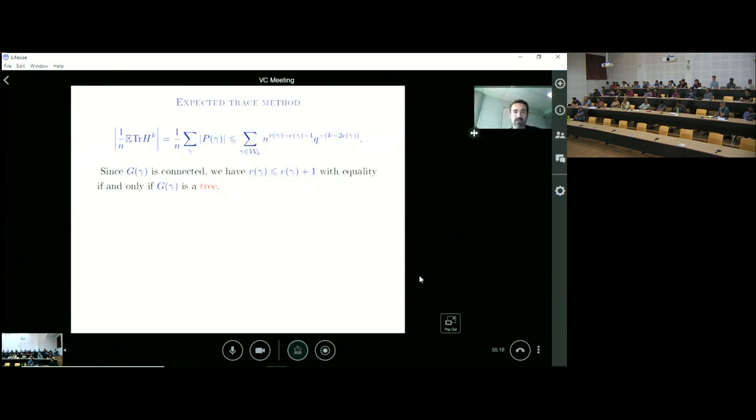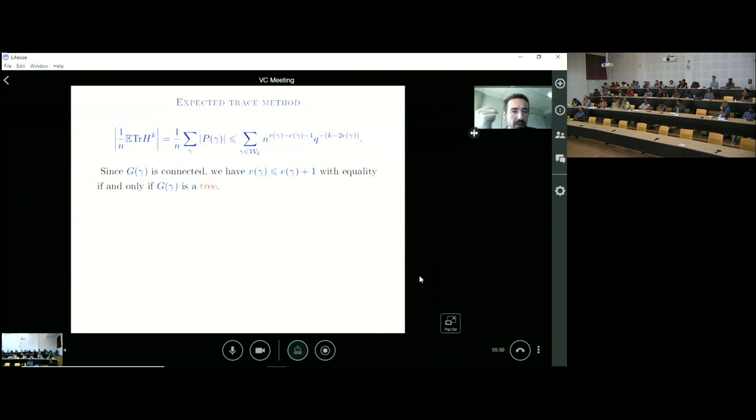So let's look closely at the exponents that we have here. V gamma minus E gamma minus 1 is minus the Euler characteristic of the graph. The Euler characteristic of a graph is the number of edges minus the number of vertices plus 1.